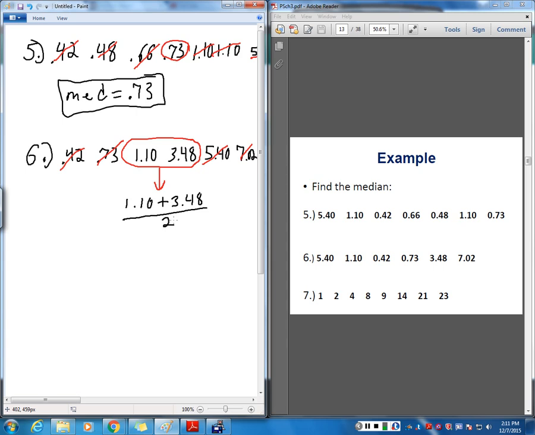In other words, you take the mean of the two numbers, or the average. If I do that in this case, I end up with 2.29. That's the median.